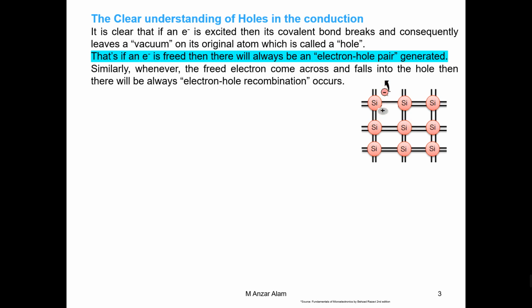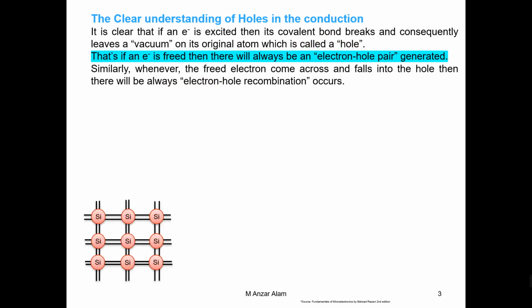There will be no charge. So whenever the freed electrons come across and fall into a hole, there will be electron hole recombination. This process where the electron and hole come close and neutralize each other is known as electron hole recombination.